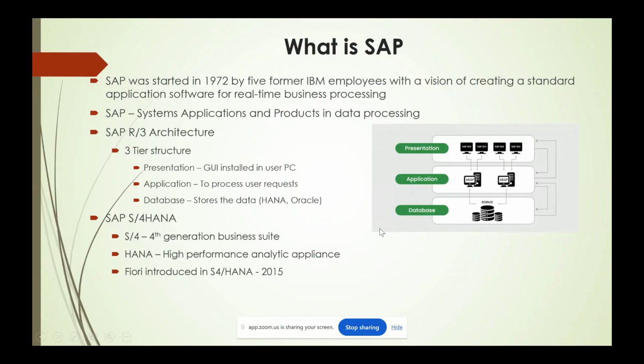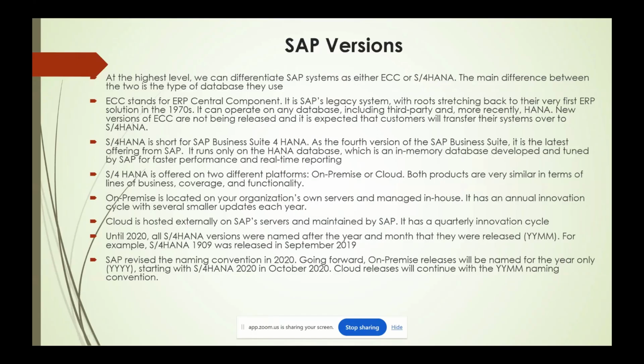Now we are going to look at the SAP versions, the different versions of SAP. As I said earlier, SAP first launched ECC, Enterprise Central Component, which manages your business activities.